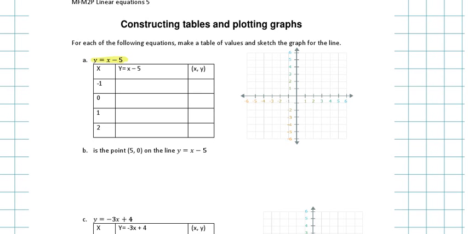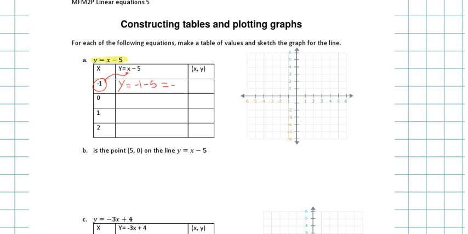Okay? So what do I do? If x is equal to -1, all I have to do is replace the x with a -1. So that will be y equals -1 minus 5. You see what happened? I replace that x with a -1. What do I get if I have -1 and -5? -6.